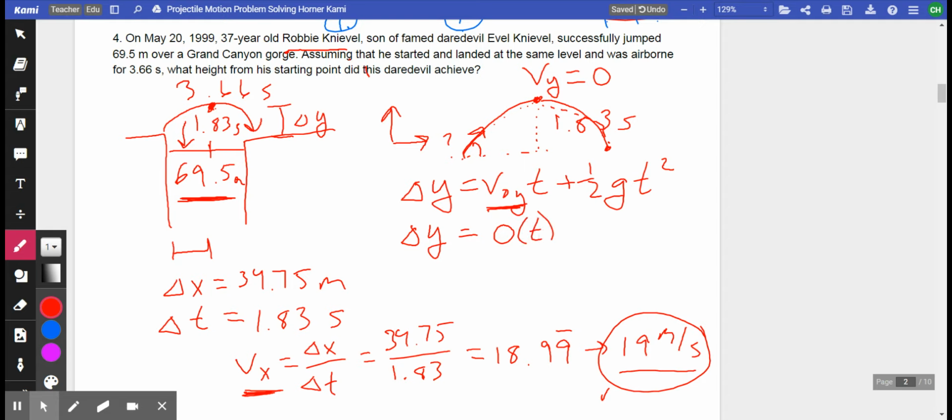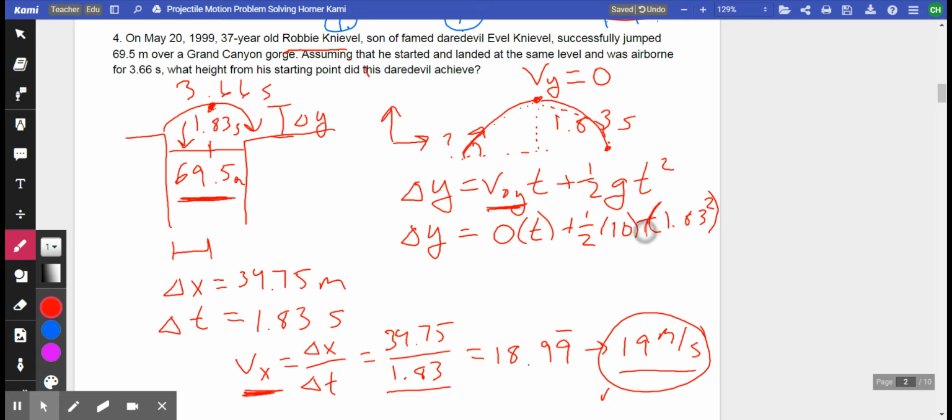If I want to find delta y, that's equal to 0 times my time, plus 1/2 of 10, times my time squared. And remember, our time is 1.83, so let's go ahead and plug that in, times 1.83 squared.